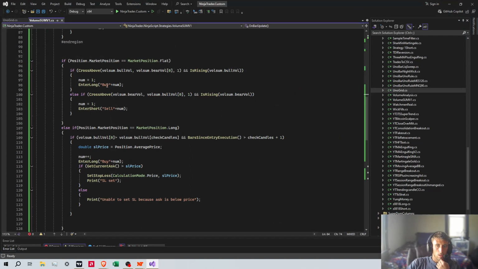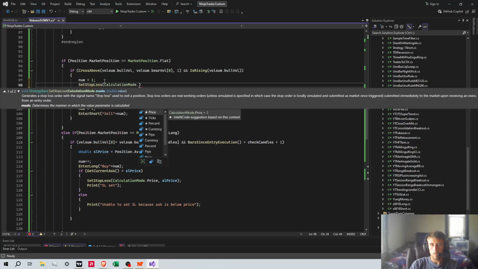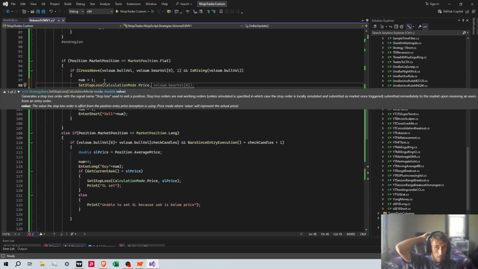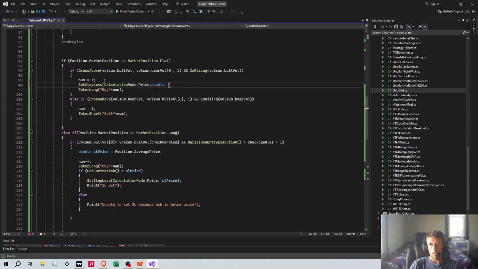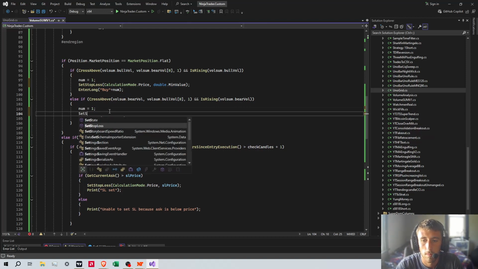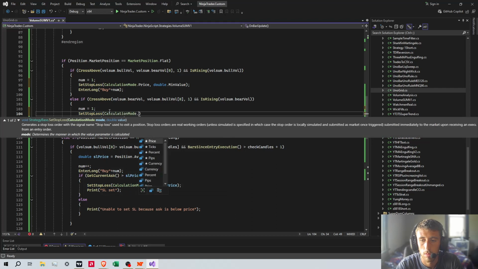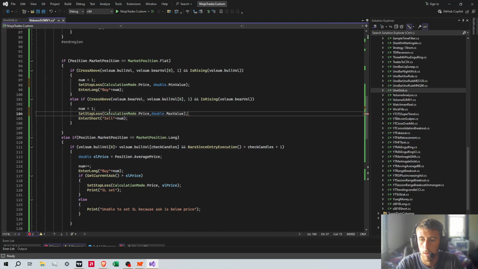So on our first things, we need to set stop loss calculation dot price to double dot min value for buy, just to get it out of the way, and stop loss calculation dot price to max value.